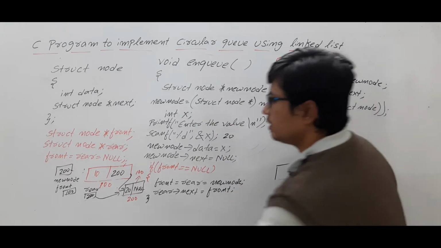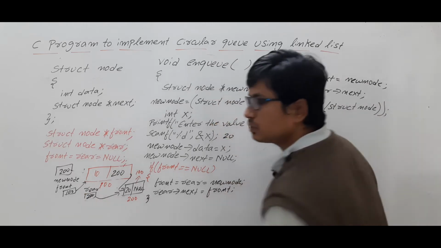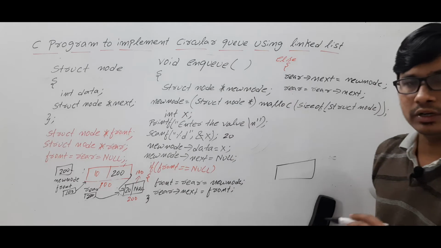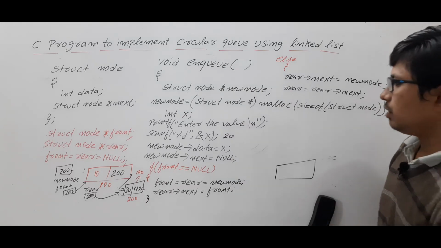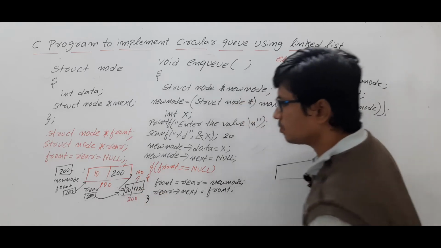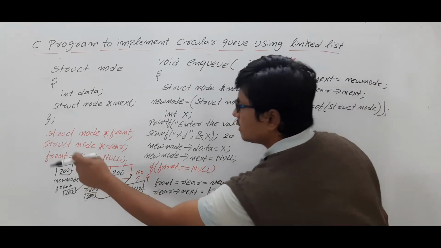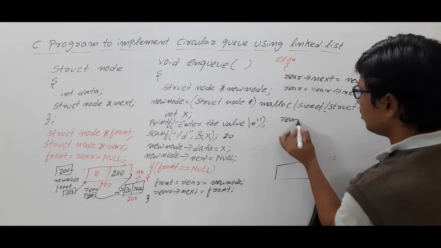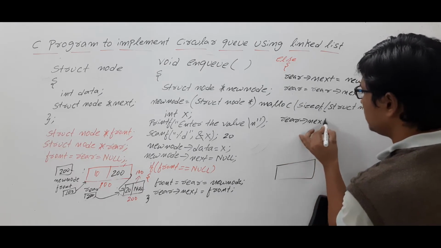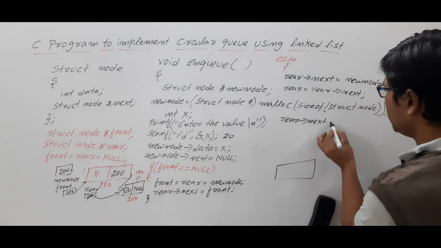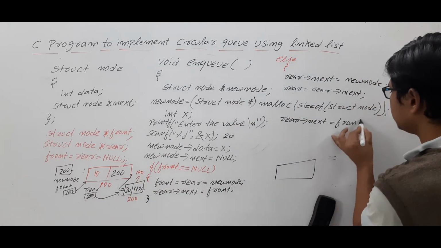Look, front has the value 100, so it is pointing to the first node. Rear has the address 200, which is pointing to the last node. Now the null value should be removed and replaced with the address of the first node. So rear of next, rear value is 200, 200's next should be equal to front.